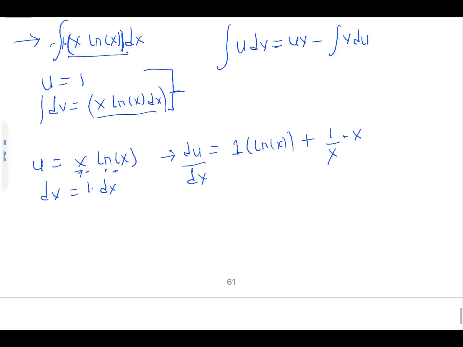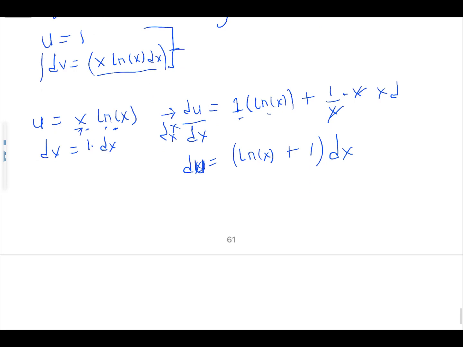Don't forget that here is du over dx, so multiplying both sides by dx, we get du equals ln x plus 1 dx. So this is what we have for our du.